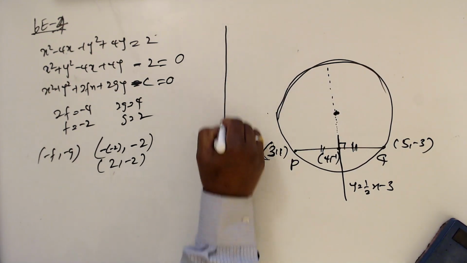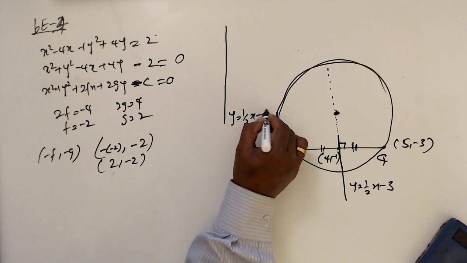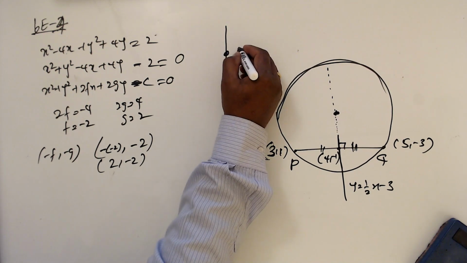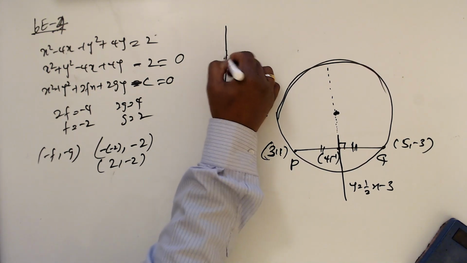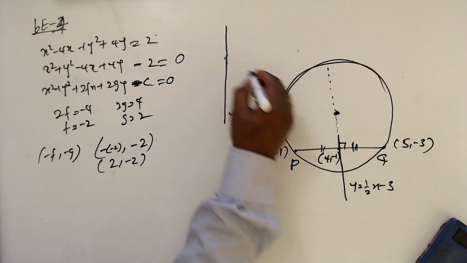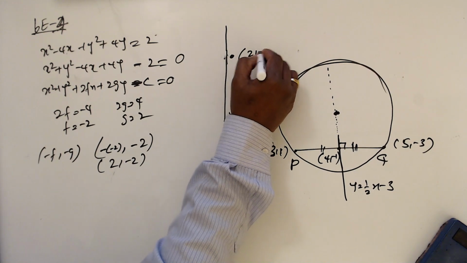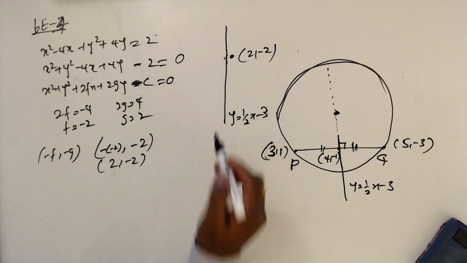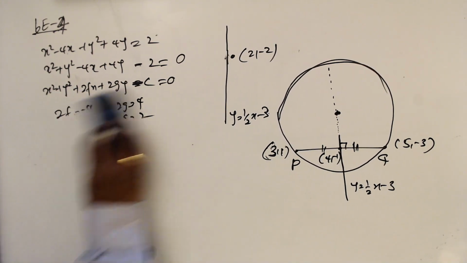Now I have an equation y = half x - 3 and a point to test on this line. We don't know if this point is on it. Okay, I will take this point (2, -2). If this is on the line, the equation should be satisfied. So we'll check that.